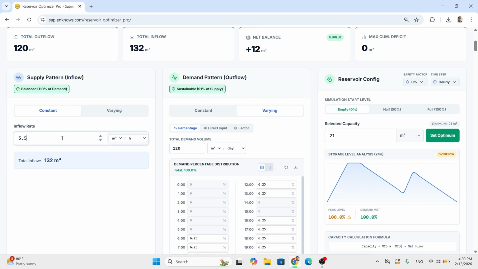For example, we have a spring source which gives a constant 24-hour supply at a rate of, let's say, 5 liter per second, which is 432 meter cube per day.